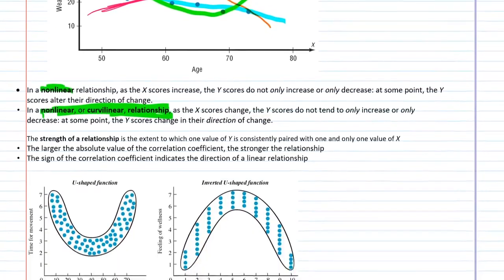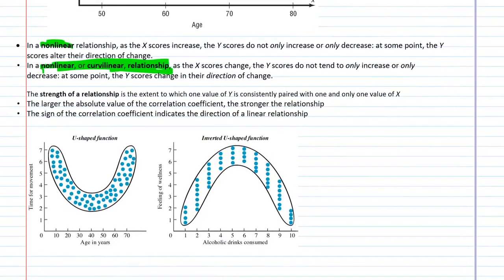So that's what's going to happen. Whenever we try to find the strength of the relationship through the correlation for a curvilinear relationship like this one, or a curvilinear relationship like this one here, it's just going to be a low value. And it doesn't mean that we cannot do anything with this type of data. Of course we can. It just means that we cannot use correlation to model this data.